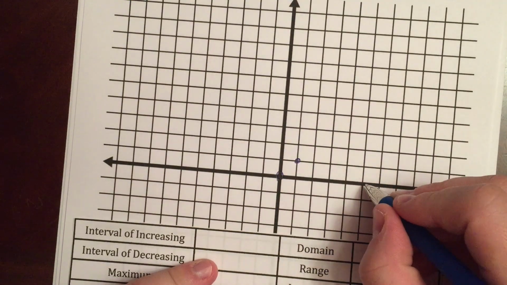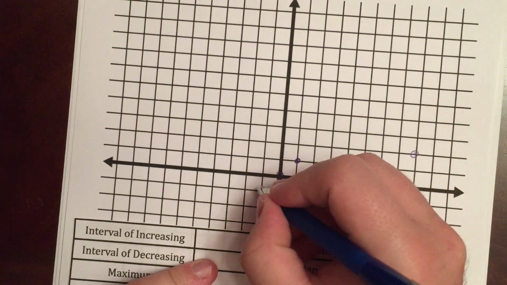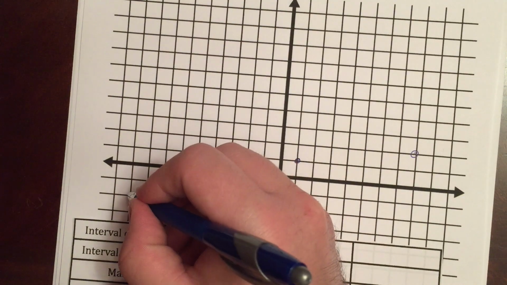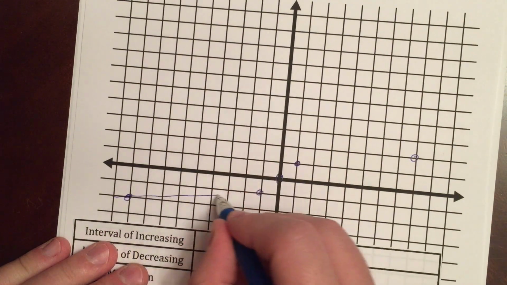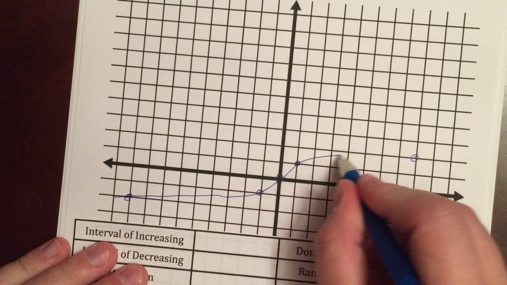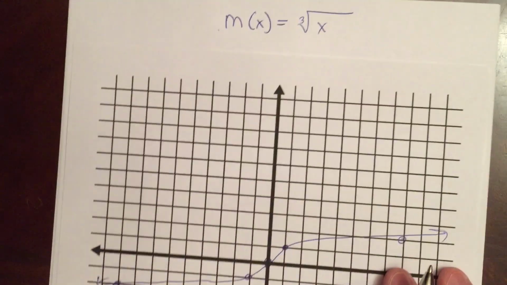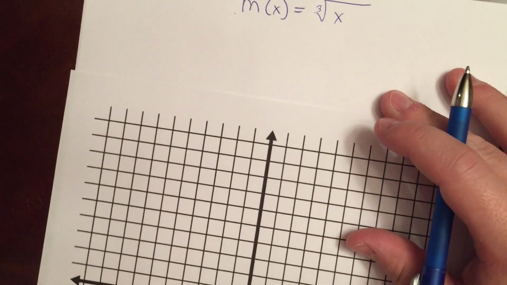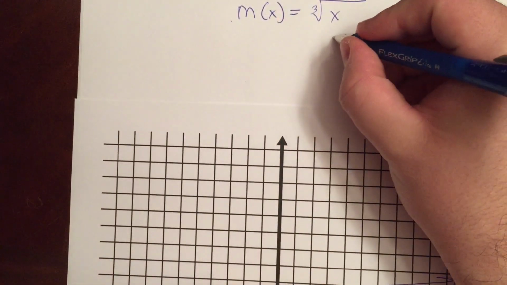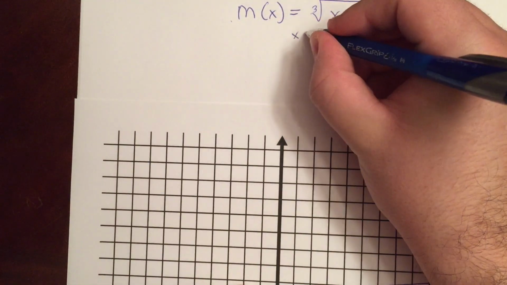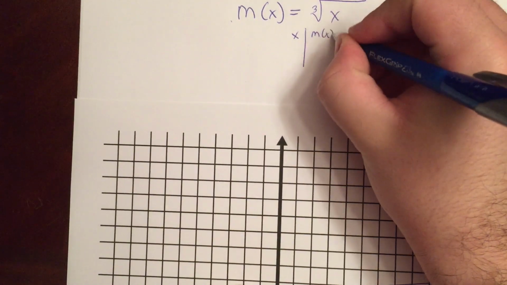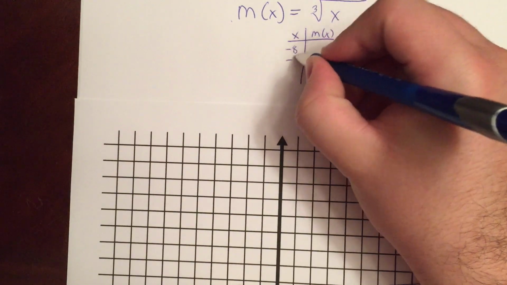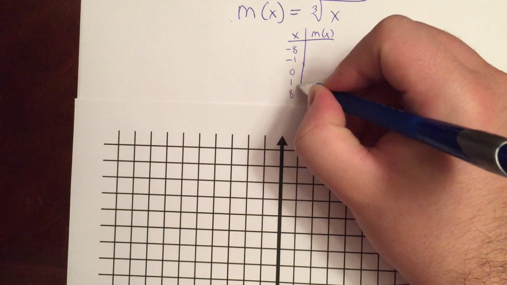Now for this function, the key points I'm picking are these eight points. Because when I create the table for this and evaluate them, the cube roots work perfectly, because the cube root of these specific values all give us whole numbers.